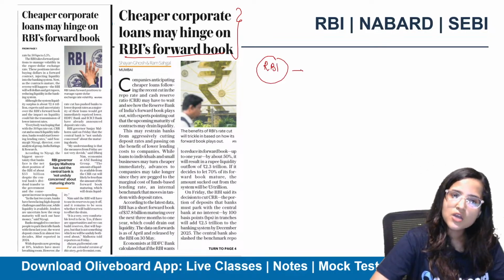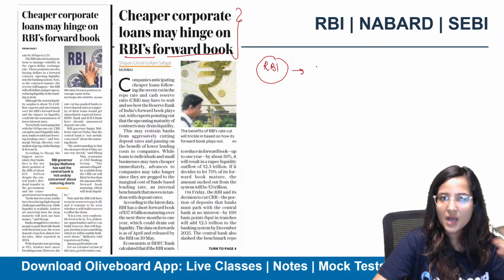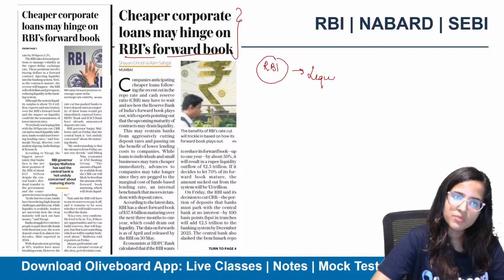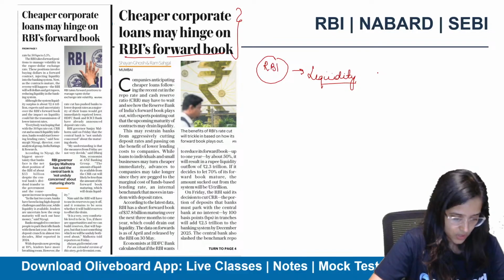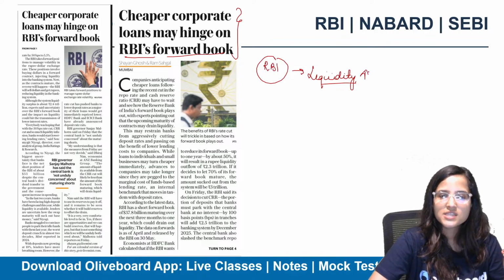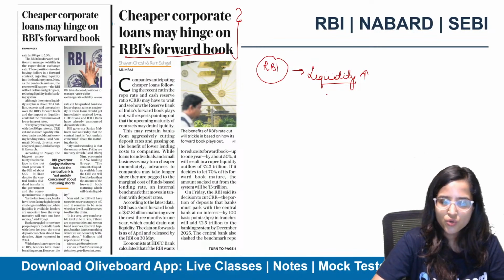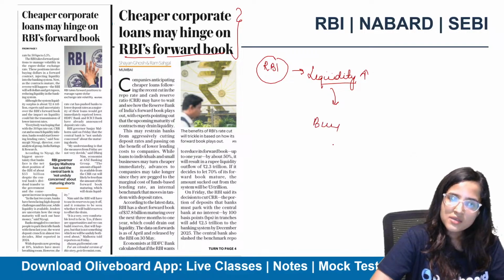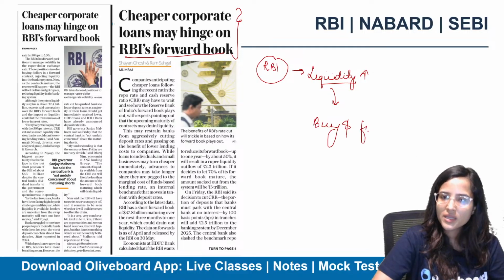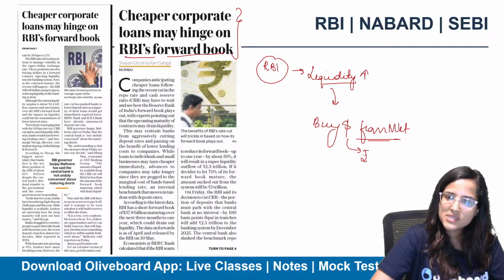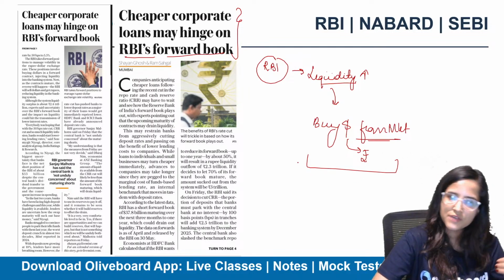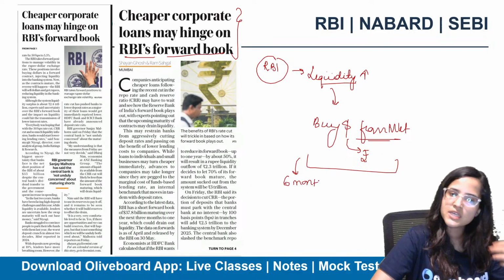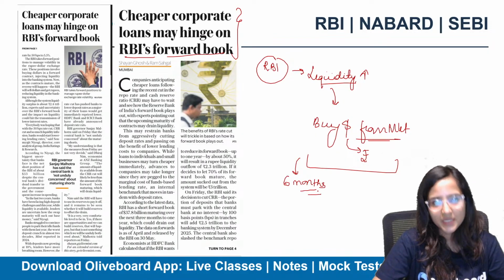If RBI wants to increase liquidity in the economy right now, as of today, what it is going to do is buy, say, dollars from the market right now and inject rupees in the market for a predetermined time frame, right, say for 6 months, after which I will return that money.